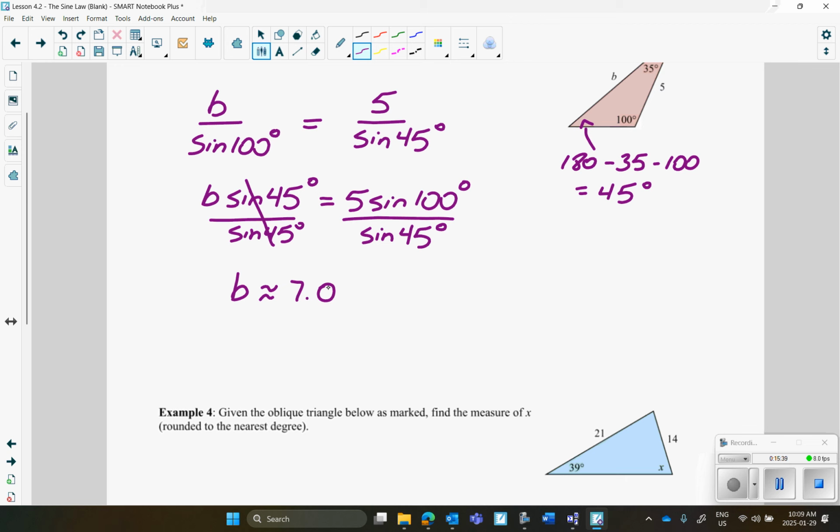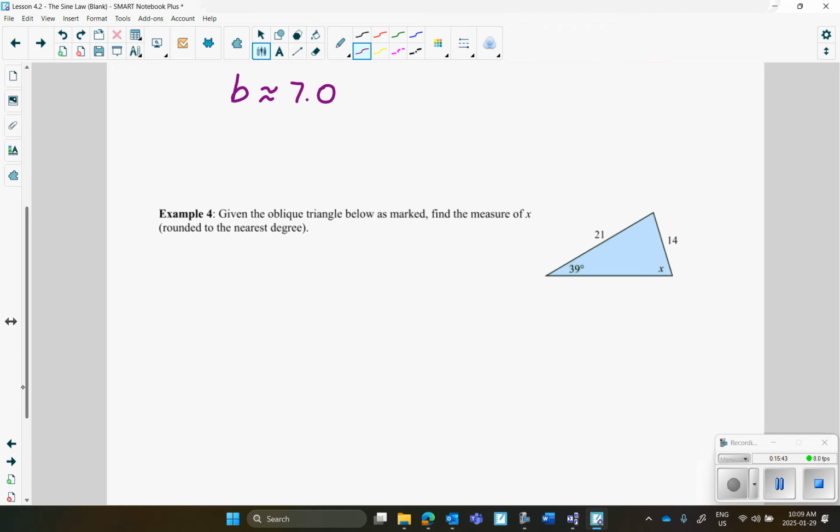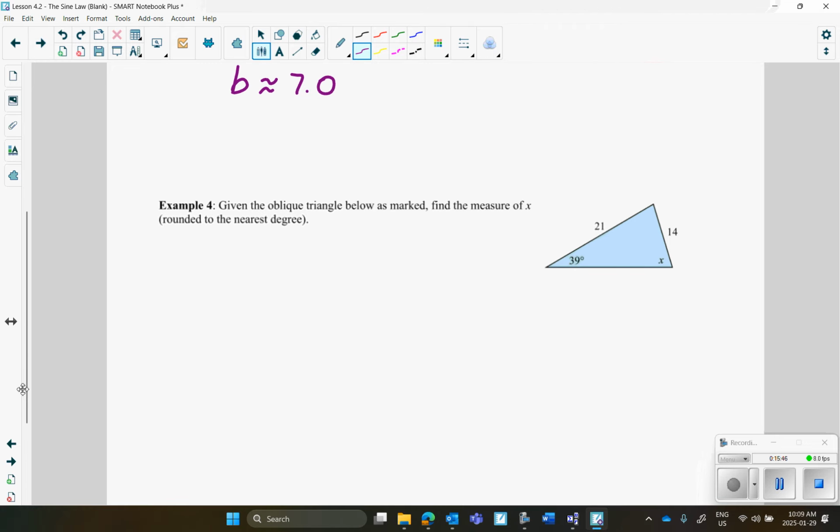Okay, the other situation with sine law is an angle question. Now remember, when you find an angle using trig, your last step is always going to be inverse. Because it's sine law, you're going to do sine inverse at the very end. Guaranteed. But we just got to get there first. So what does it look like?